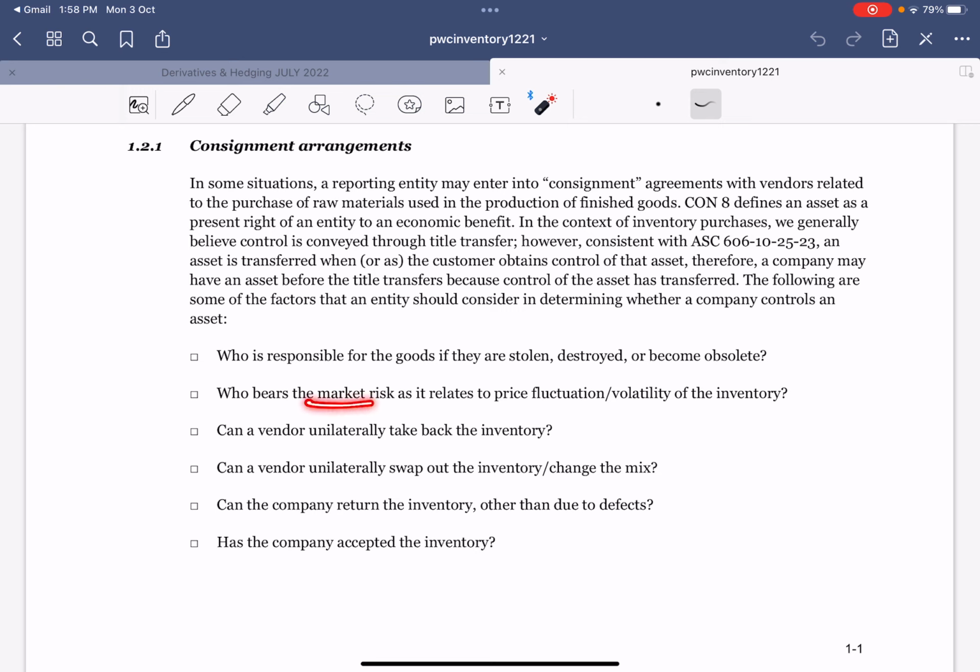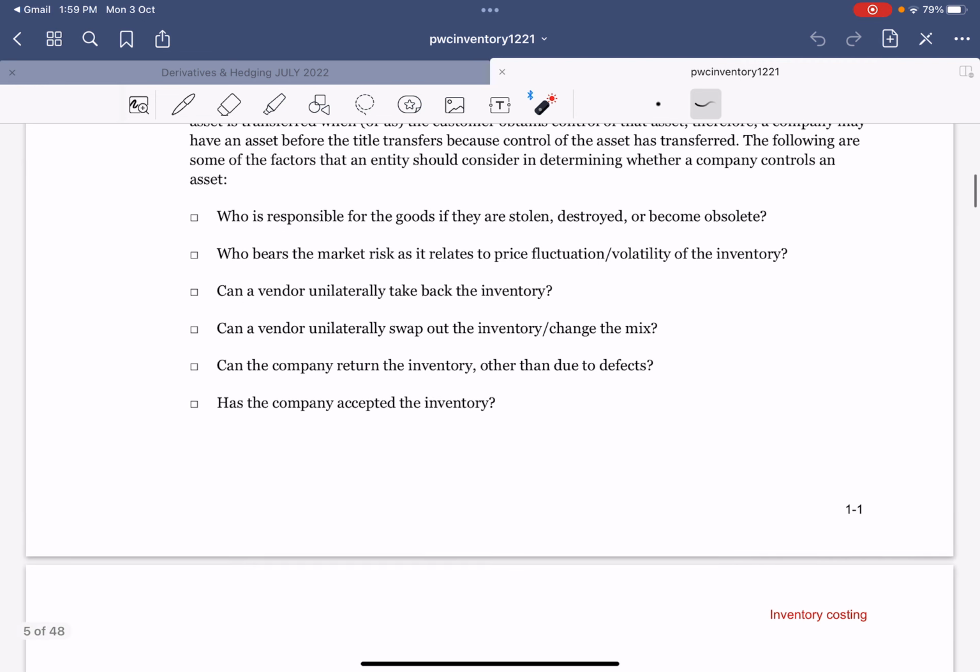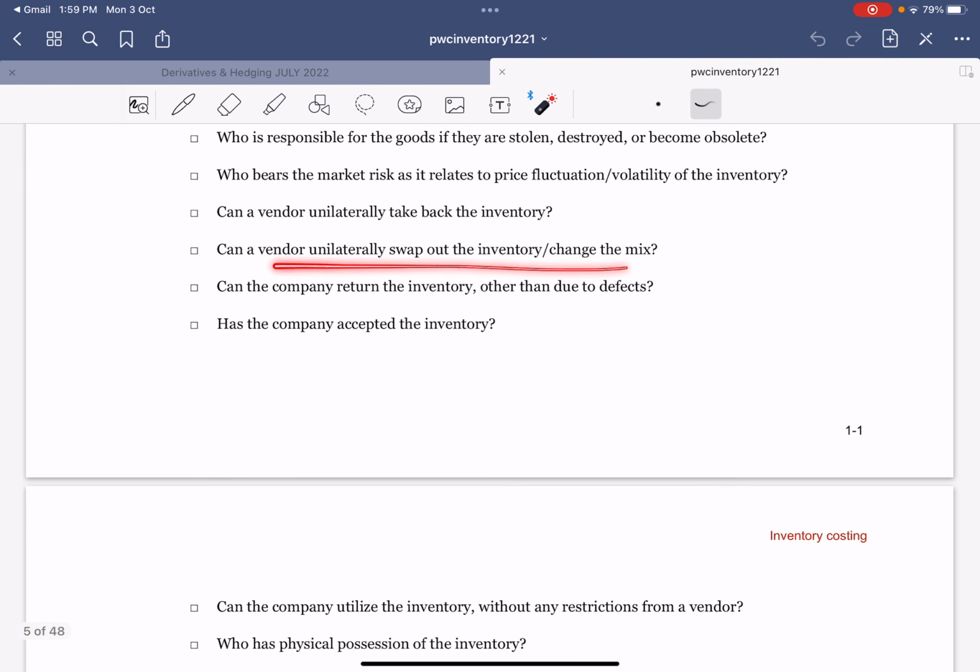Who bears the market risk as it relates to price fluctuation and volatility? Can a vendor unilaterally take back the inventory, without any conditions? Can the vendor swap out the inventory or change the mix? Can the company return the inventory other than due to defects?